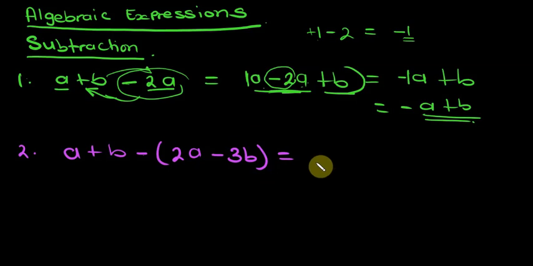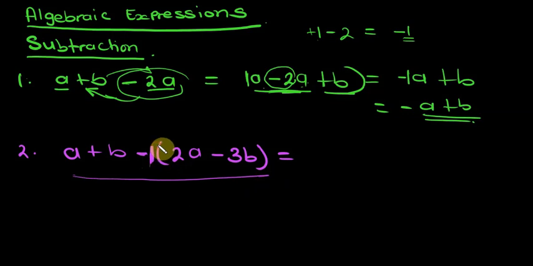Okay, looking at this, we first need to expand the bracket. So minus, there's a 1 here, an invisible 1, which is outside the bracket.